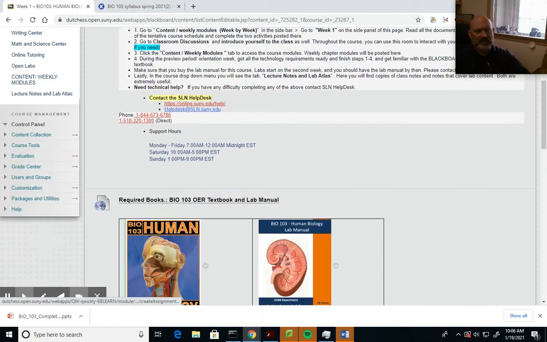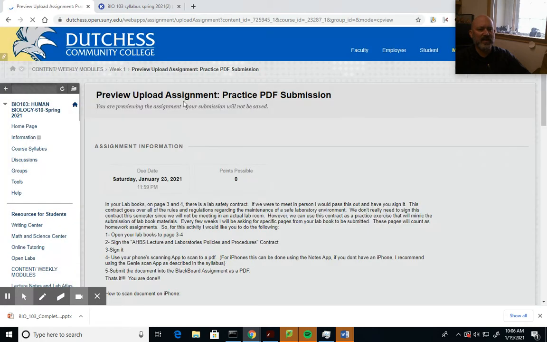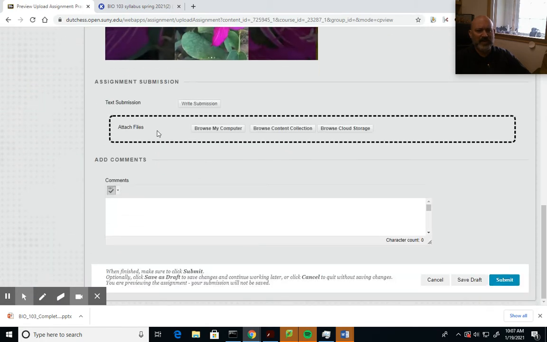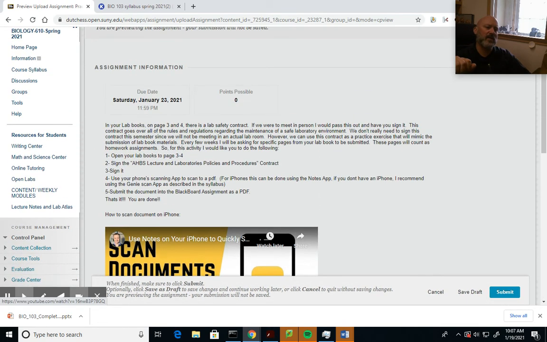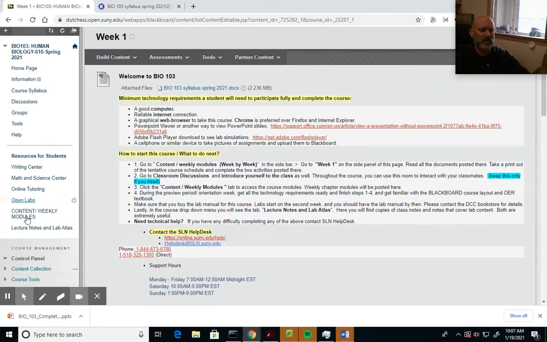So yeah, you're going to have to click on this link here, and you'll see there'll be directions on how to submit the files and all that. So once you have that contract signed from your lab, again, scan that thing, save it, submit it, and you'll see it in your grades.